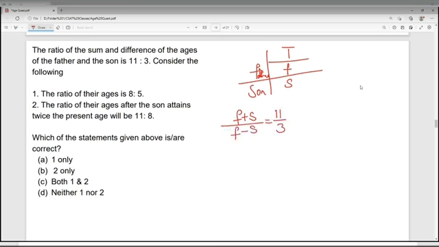So we'll cross multiply this. We get 3f plus 3s is equal to 11f minus 11s. Bring one type of variable to one side.